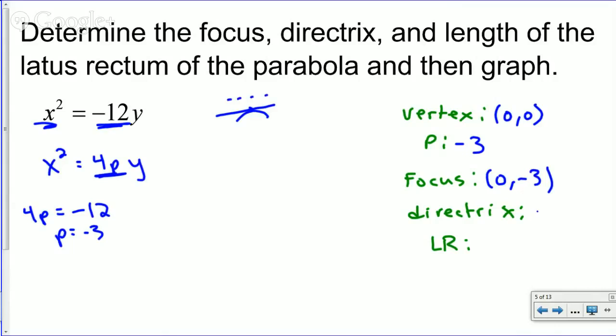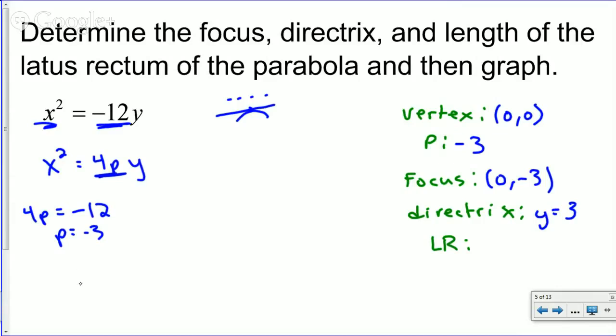So that would be y equals 3, positive 3. Your directrix is always some kind of line, either x equals or y equals something like that. You could rotate the parabola, but that's definitely above what we're looking for.